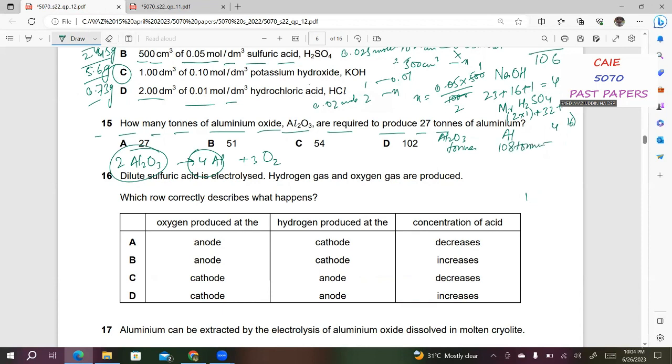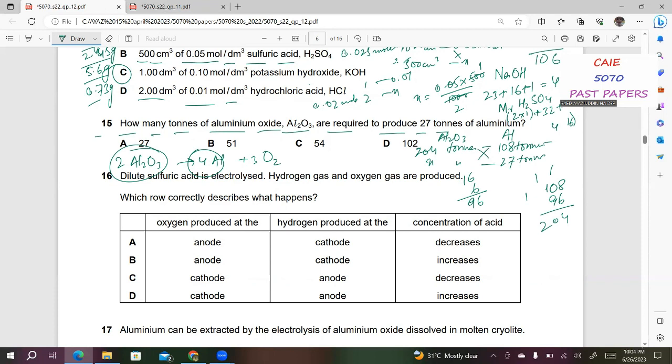We have 2 Al2O3, so we have 108 plus 2 multiplied by 3 is 6, 6 multiplied by 16, the AR of oxygen, and we'll get 96. Add 96 to this, we'll get 204. 204 tons from 108 tons. So X tons from 27 tons of aluminium.